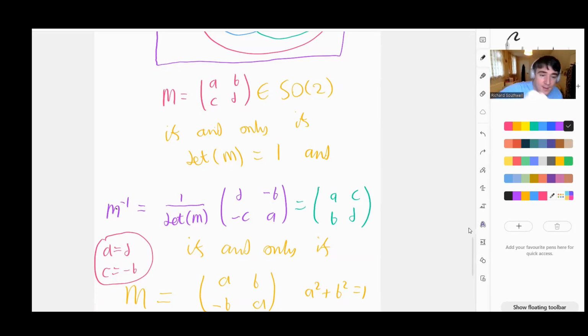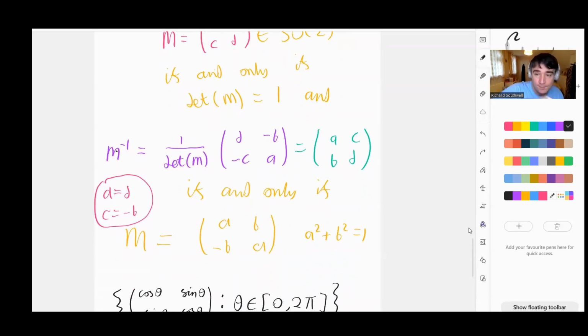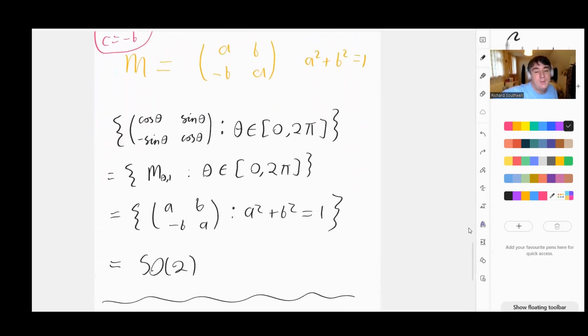Well, if you think about it, that's going to imply that A is equal to D and C is equal to minus B. So we know that the matrix has to have this kind of form, and also it has to have the feature that its determinant is 1. Well, that's just going to be A times A plus B times B. So there we have it. This is SO2. And it basically corresponds to the sort of group of rotations that you can do in two-dimensional space.